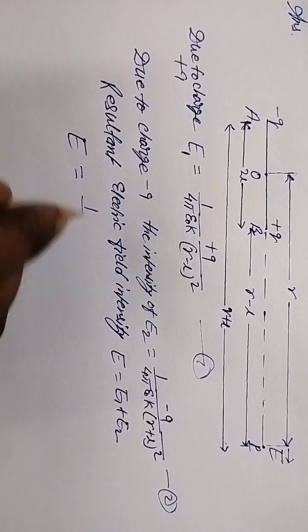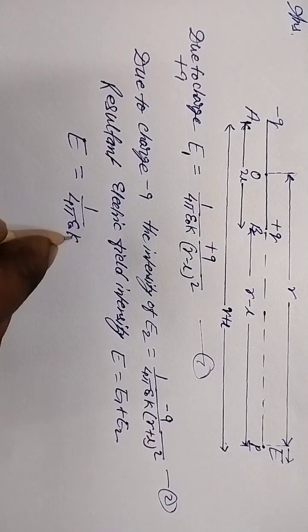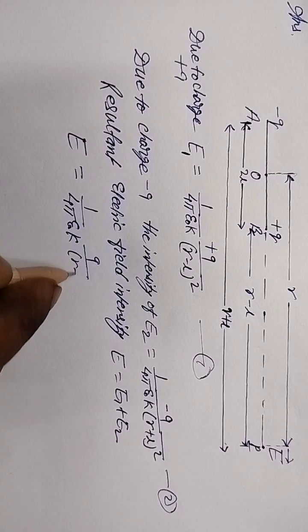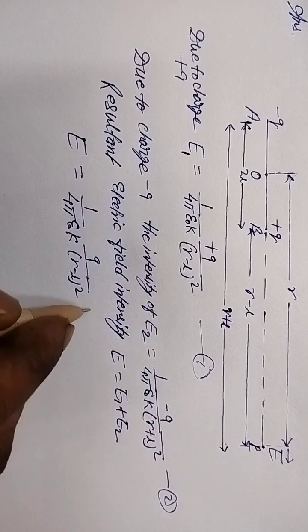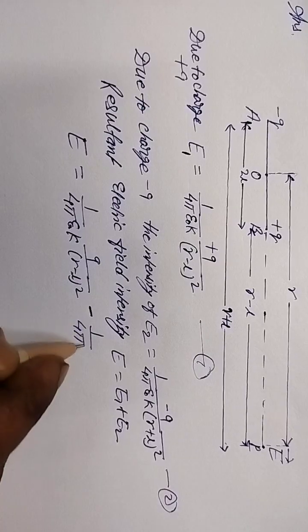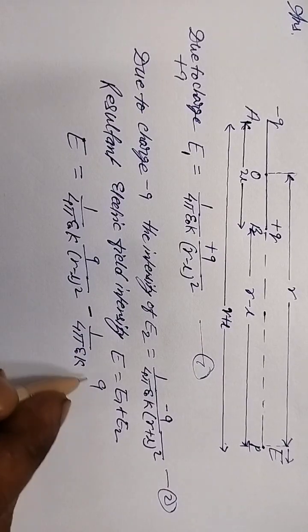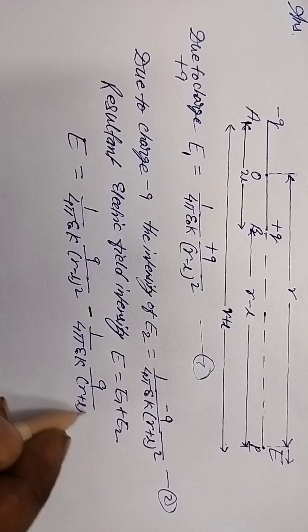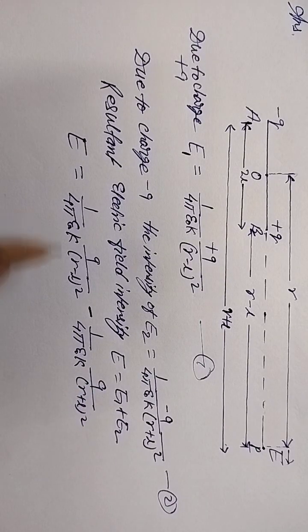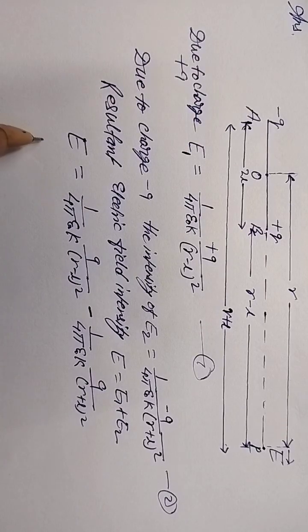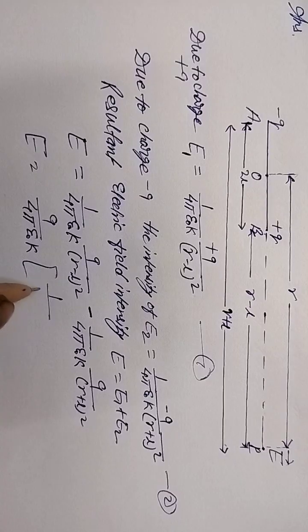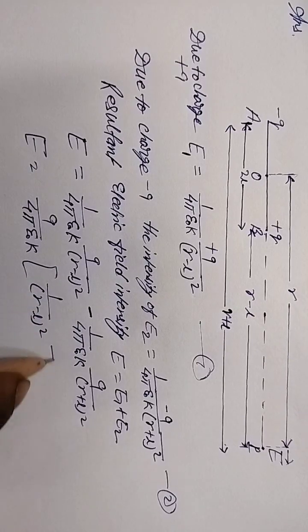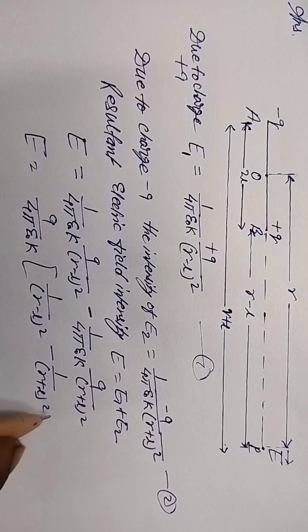We get 1 upon 4 pi epsilon 0 K, Q upon (R minus L) square, minus 1 upon 4 pi epsilon 0 K, Q upon (R plus L) square. Taking common from both terms, we get Q upon 4 pi epsilon 0 K, bracket, 1 upon (R minus L) square minus 1 upon (R plus L) square.